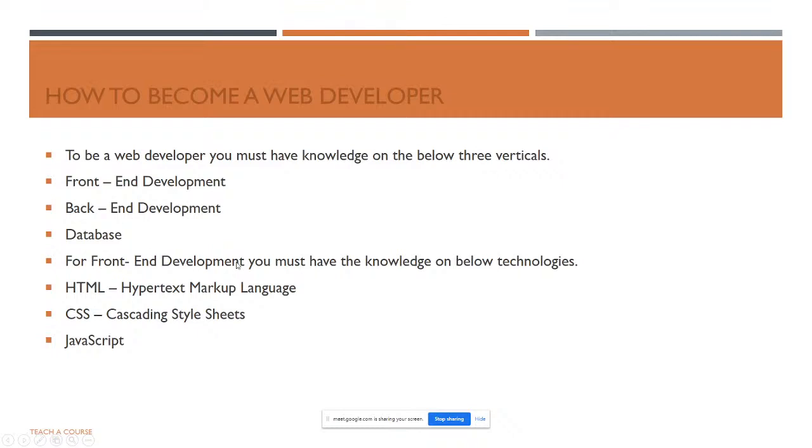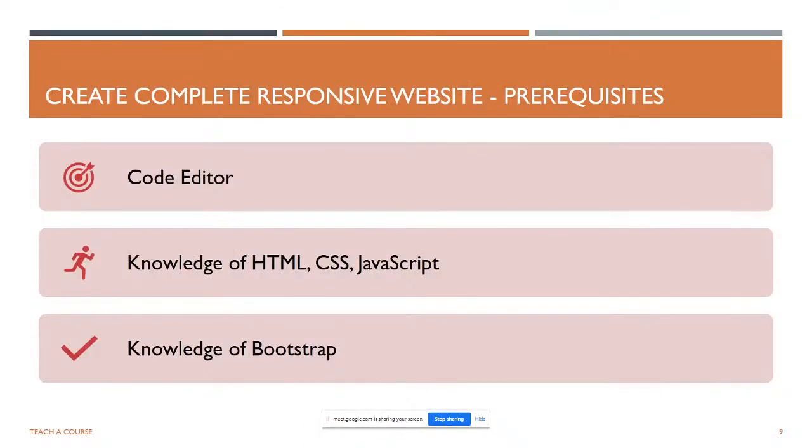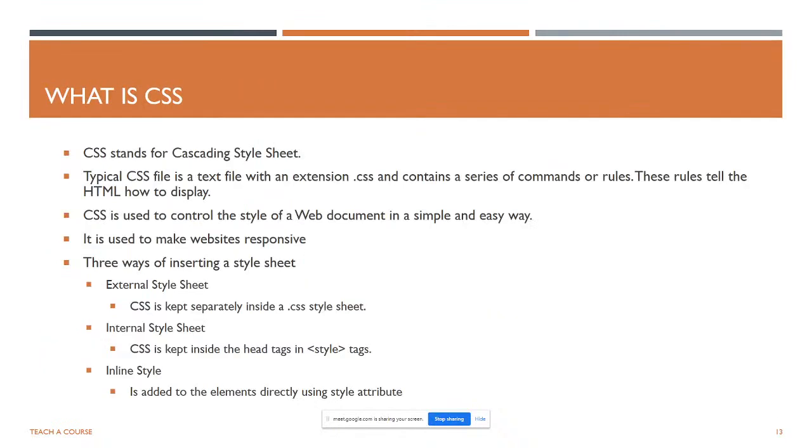For front end development, you must know HTML, CSS, JavaScript. This is the first phase. The second phase is Bootstrap 3 or 4, jQuery or React.js or Angular 7. We are combining these two phases to create a website. Okay, all these details are available in the slide presentation. You can go through that.